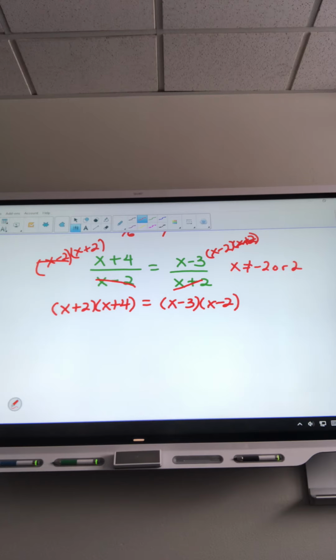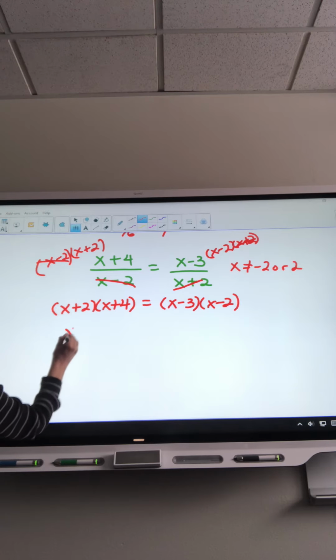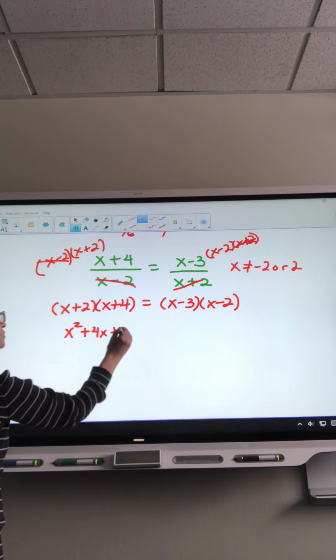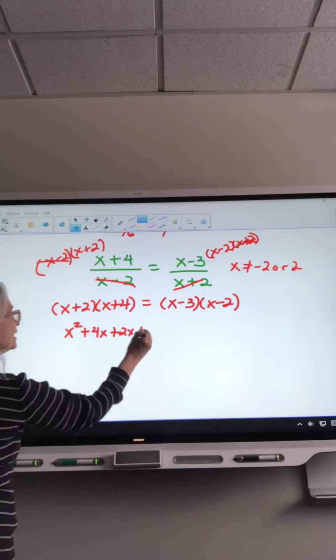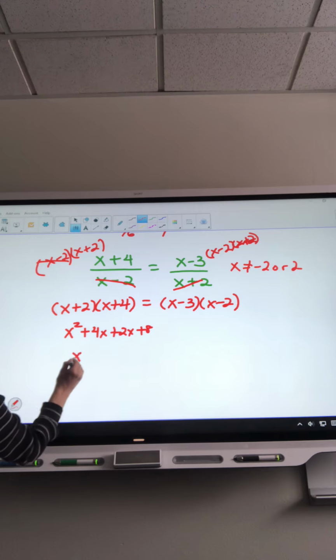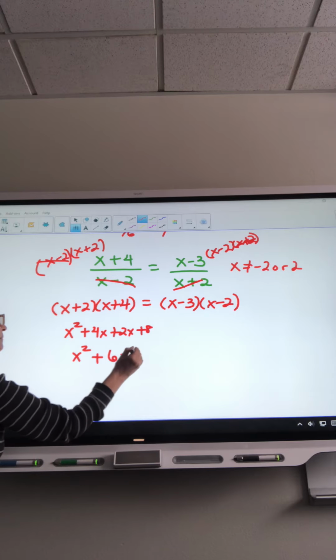So we need to FOIL these out. And so I'm going to start on the left. x times x would be x squared. x times 4 is 4x. 2 times x is 2x. And 2 times 4 is 8. We should combine our like terms, so we end up with x squared plus 6x plus 8.